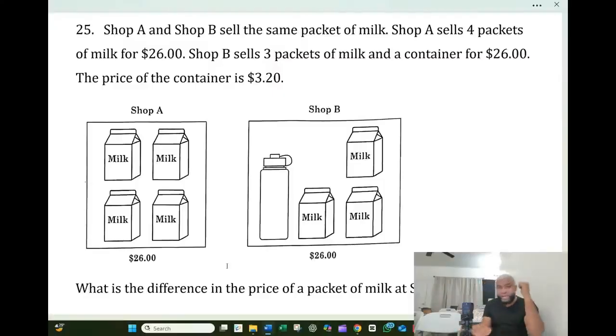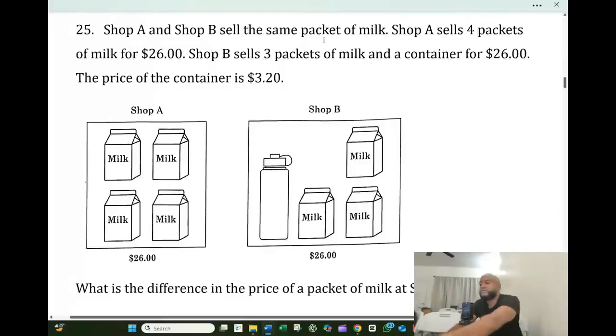Right. They said shop A and shop B sell the same packets of milk. Shop A sells 4 packets of milk for $26. Shop B sells 3 packets of milk and a container for $26.